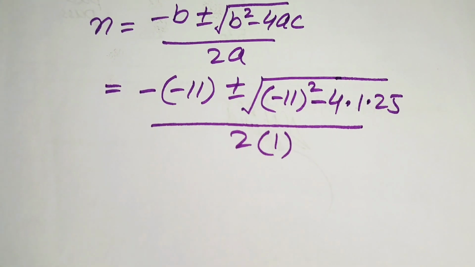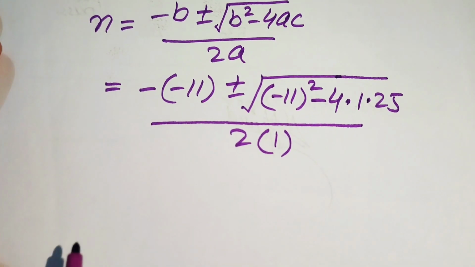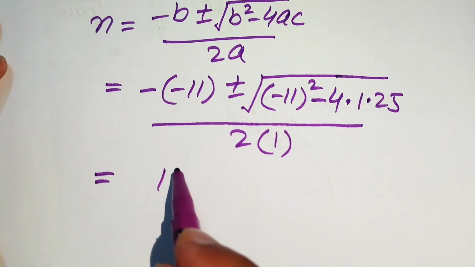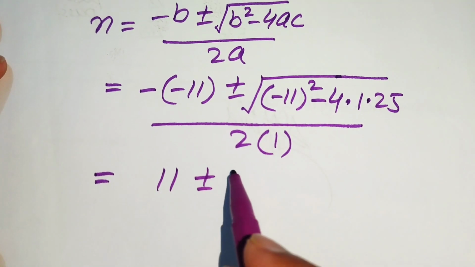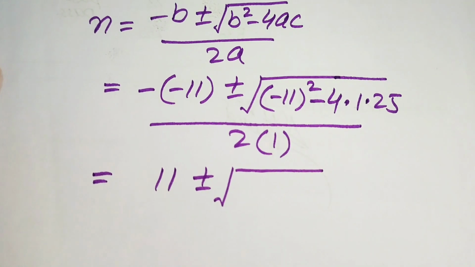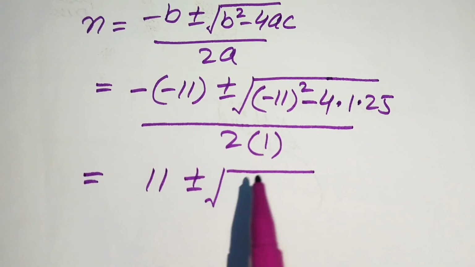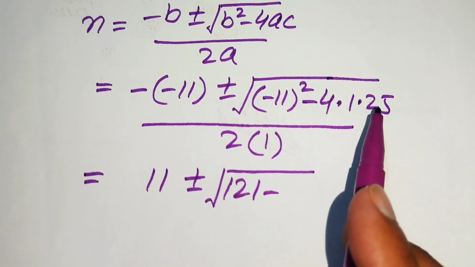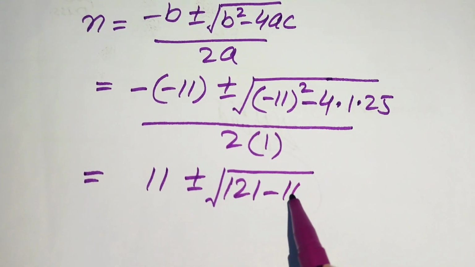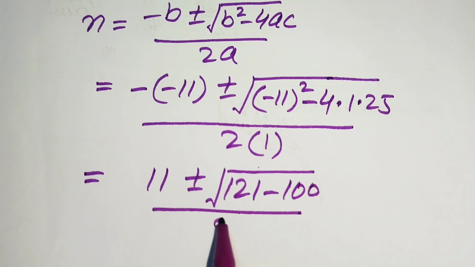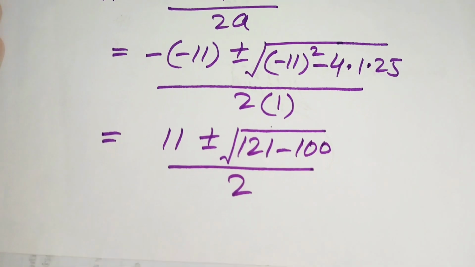So now here we need more simplification, and minus times of minus becomes plus 11, and plus minus square root of minus 11 square, and we know that minus 11 square equals to 121, and 4 times of 25 is equals to 100, and this is divided by 2 times of 1 is equals to 2.